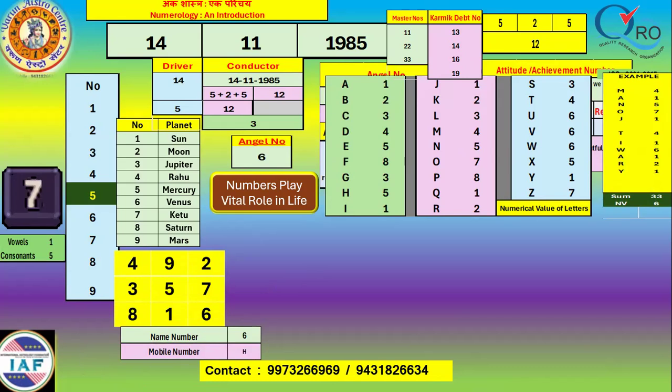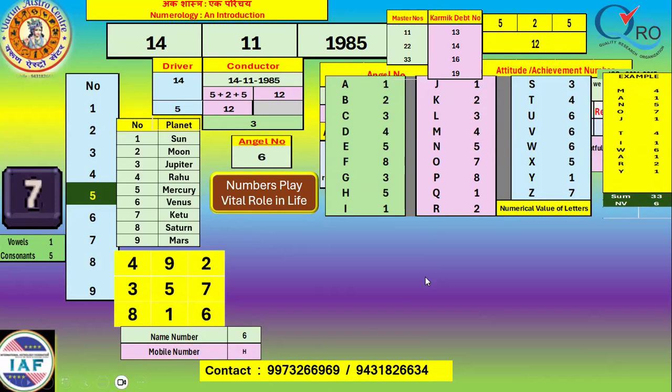Horizontally, it is 4 9 2 in the first row, 3 5 7 in the second row, and 8 1 6 in the third row. Similarly, vertically, 4 3 8 is the first column, 9 5 1 is in the middle, and 2 7 6 is the last.